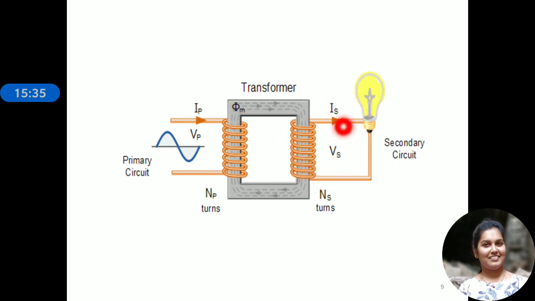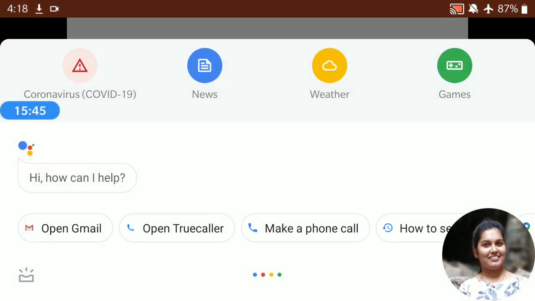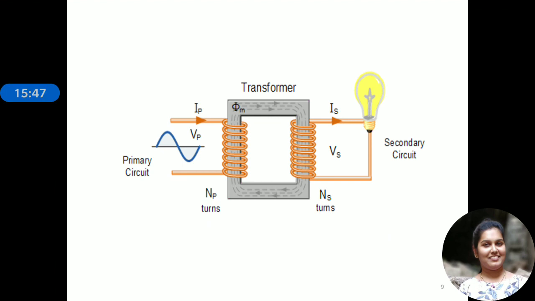Whereas the secondary winding is on the output side, to convert this alternating magnetic flux or field into electrical power, producing the required output. So for a transformer we see two windings. The winding which is connected to the input side we call the primary winding, and the winding which is connected to the output side or the load side we call the secondary winding.